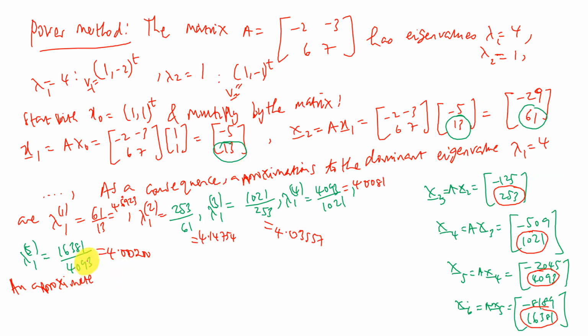So an approximate eigenvector corresponding to lambda 1 to the power 5, which equals 16381, which is 4093.